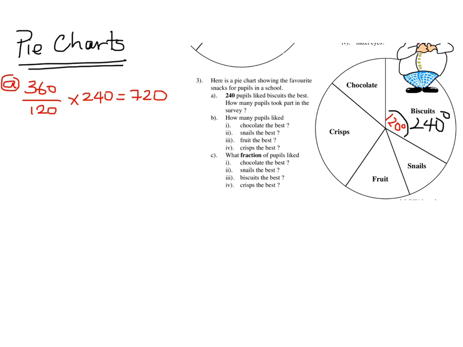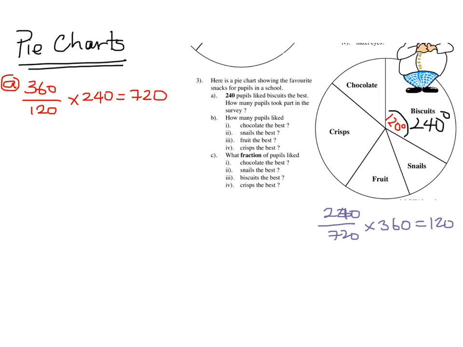In case you're wondering how I got that answer, remember, if you know how to turn the answer into an angle, what you would have done beforehand, in the previous situation, you would have taken that 240, divided it by 720, and times it by 360, and that would have given you 120 there.